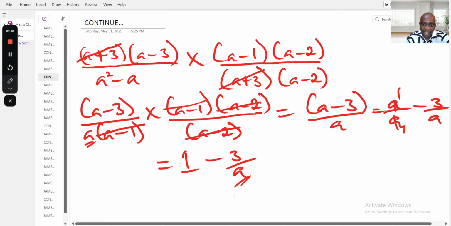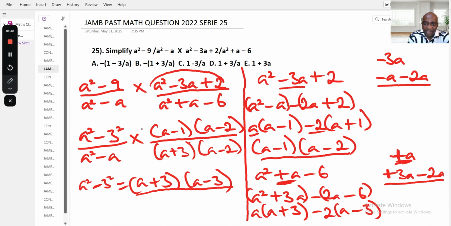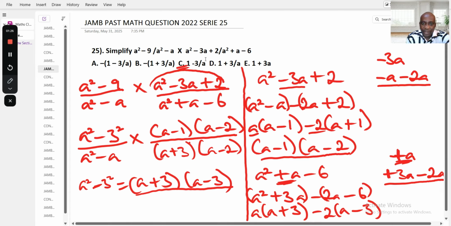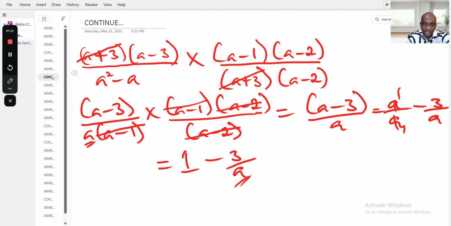Our final answer is 1 minus 3 over a. Our final answer is what? C. C, 1 minus 3 over a, which is C. Final answer is C. Let's move to the next question.